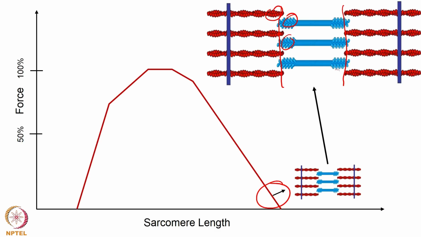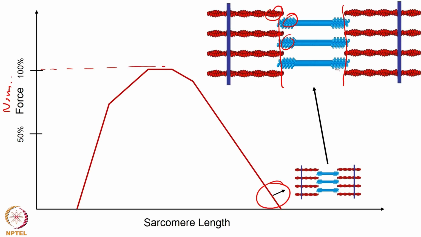You see that there is very little overlap, that means that the force that will be produced will be very small. So, there is a particular point at which actin and myosin are overlapping at an optimum level. This is the point at which the sarcomere is going to produce its maximum force, which is 100% of its absolute.